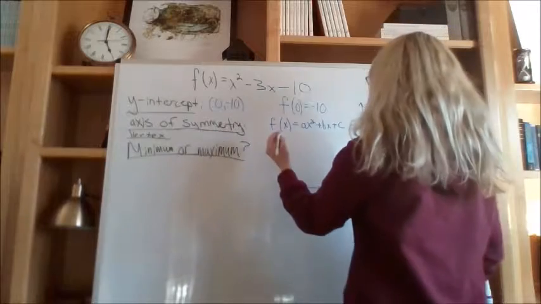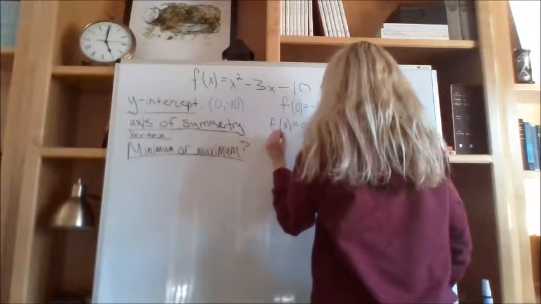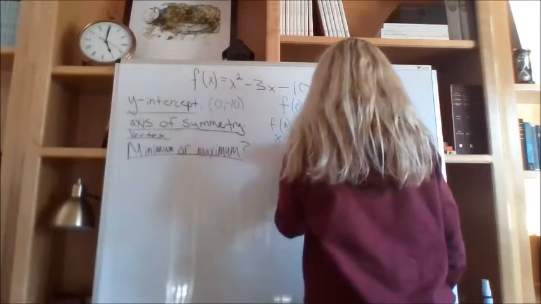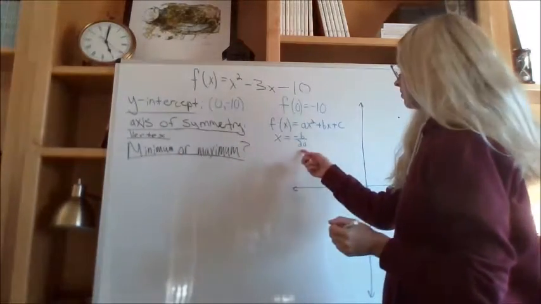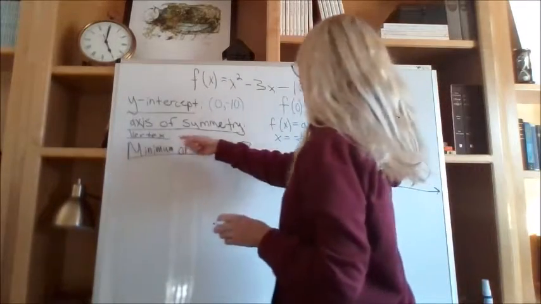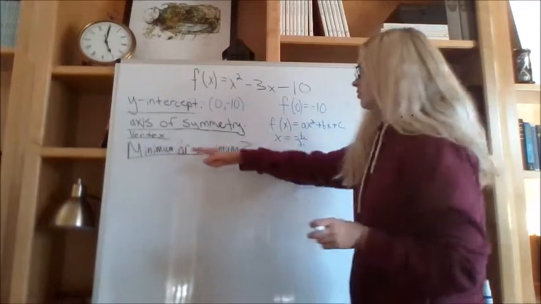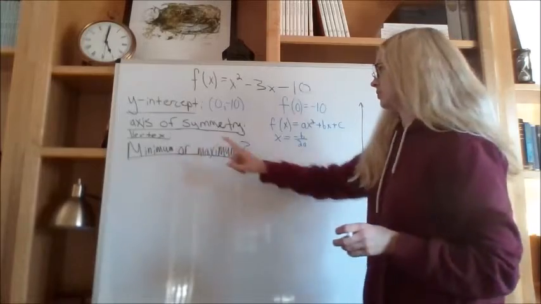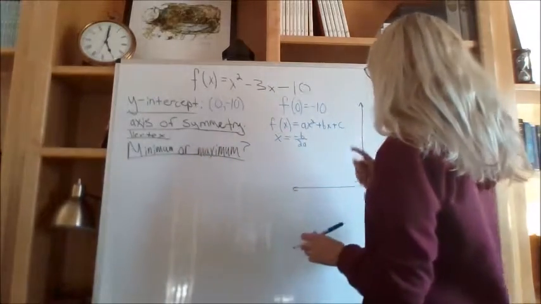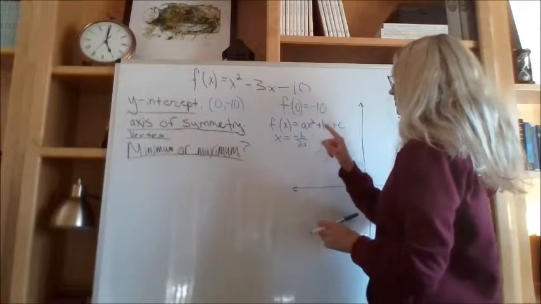So, once we have this, we can then use the formula x equals -b over 2a to find the axis of symmetry, or more specifically, the x coordinate of the vertex, which we know falls along the axis of symmetry. We get this through calculus, but today we'll just plug in numbers.